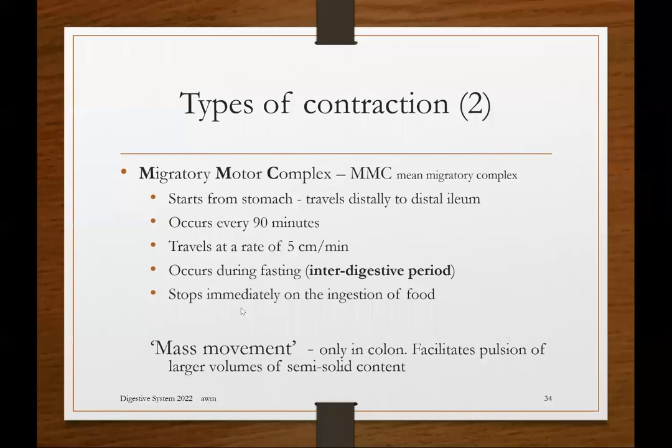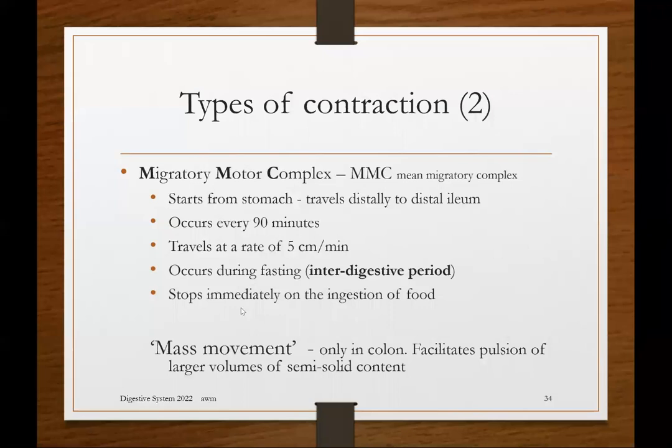And when it comes to a sphincter, for example the pyloric sphincter or the ileocecal sphincter, when it is passing through that sphincter, the migratory complex causes the sphincter to open, to relax, so that substances can then pass through. So that is how it's able to clear and clean whatever's left over in the stomach.